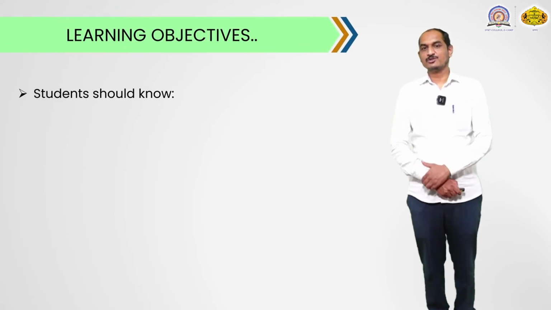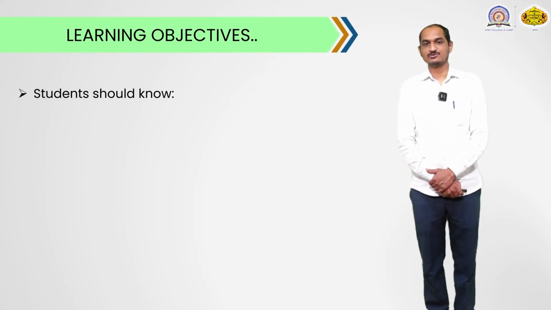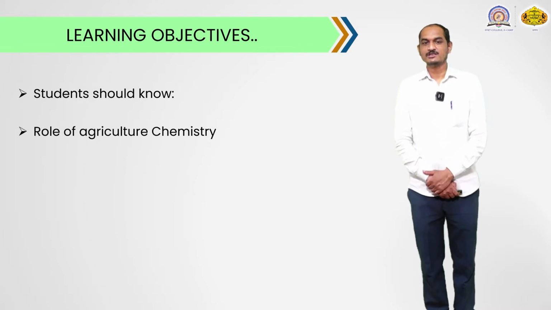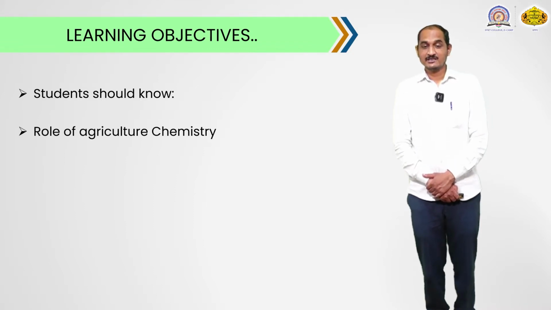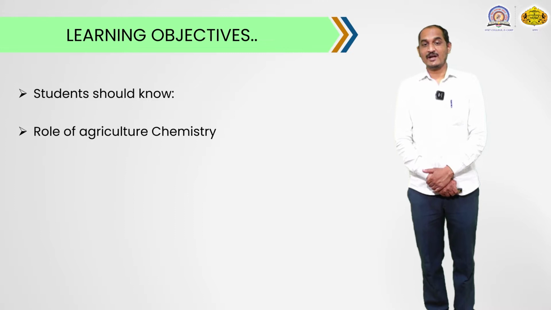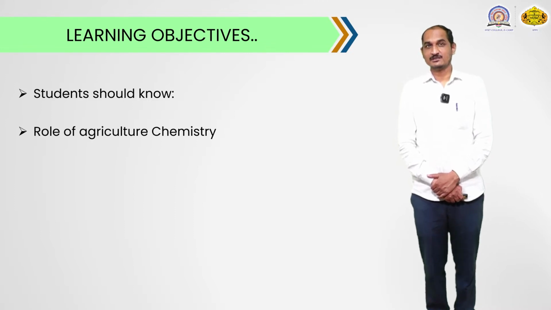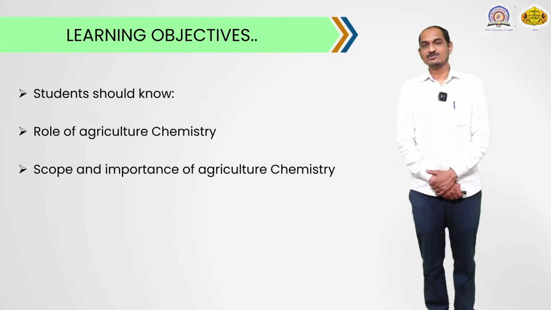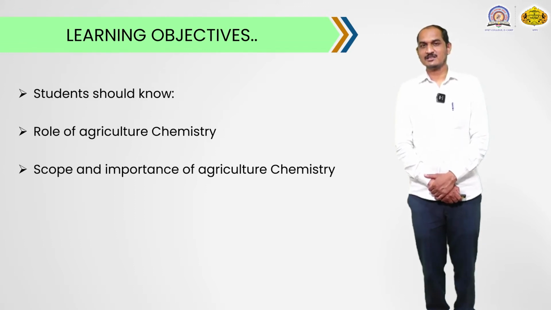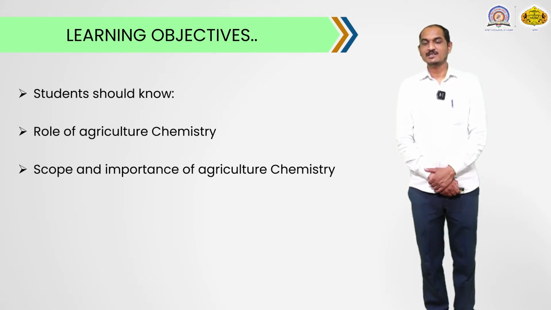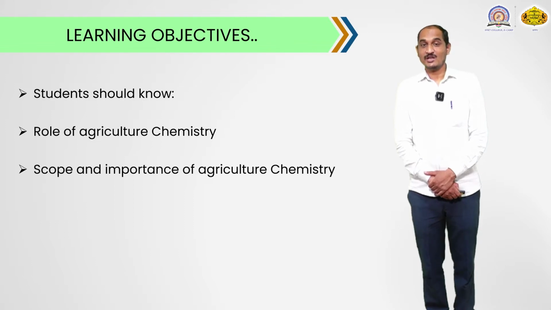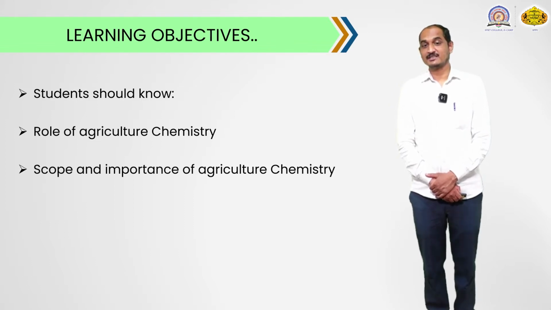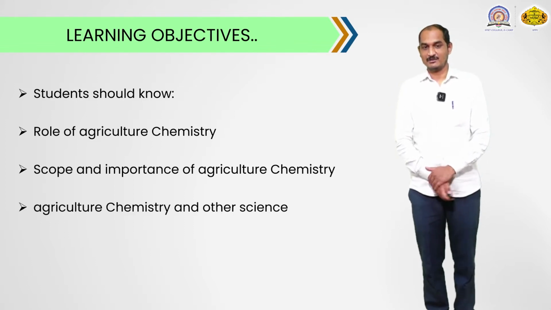Now, the learning objectives of today's session. After this session, students should know the role of agricultural chemistry, what exact role agricultural chemistry plays in soil chemistry. Also, a student will learn about the scope and the importance of agricultural chemistry, because for the knowledge of soil chemistry, it is very important to study agricultural chemistry.